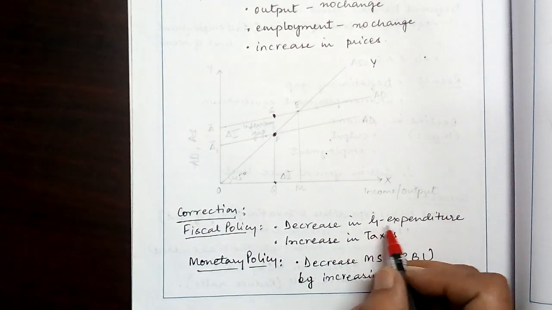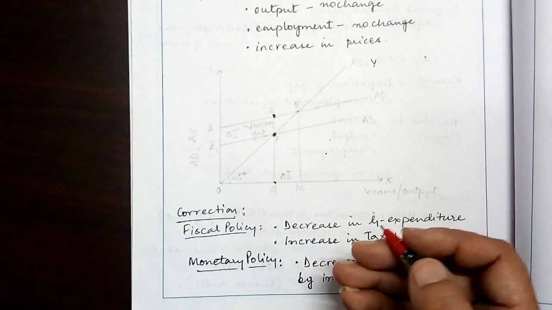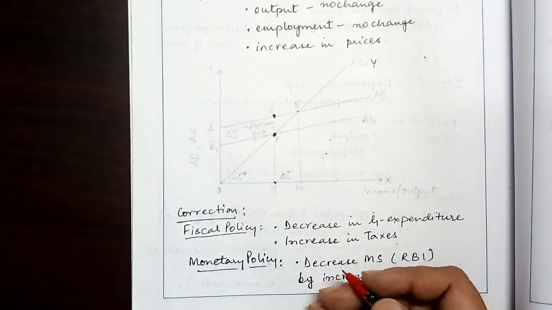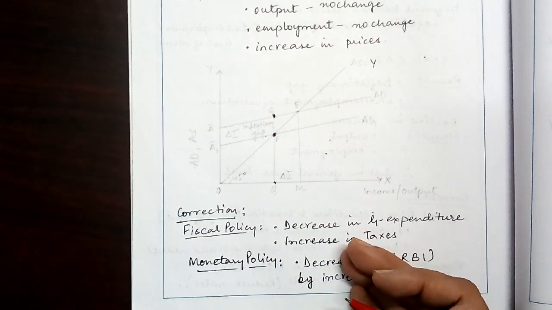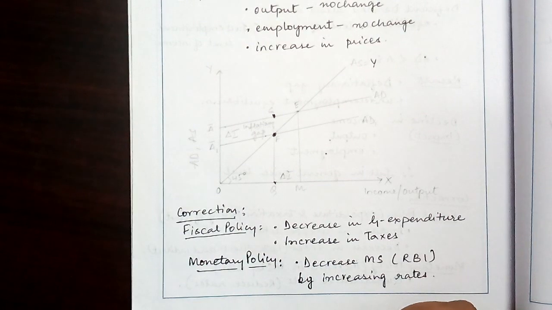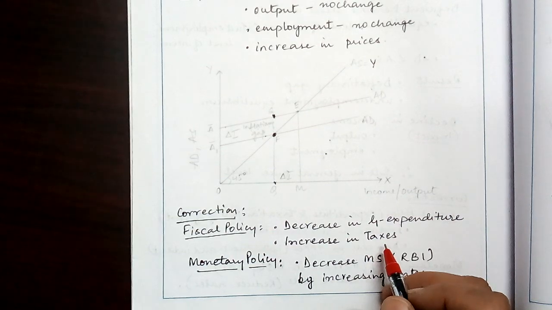So the government would reduce its expenditure on all these activities. When it reduces, the income of the people also reduces. And this reduces the aggregate demand, and hence we attain the equilibrium in the economy. Then the other fiscal policy is to increase taxes.